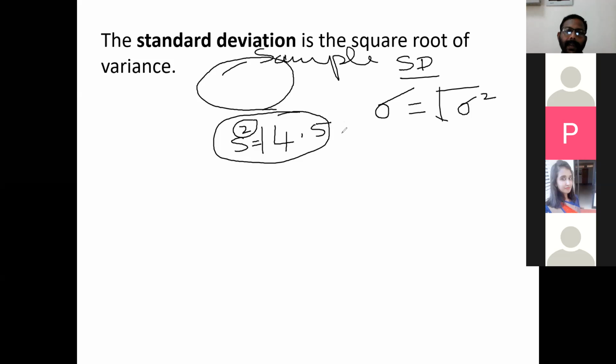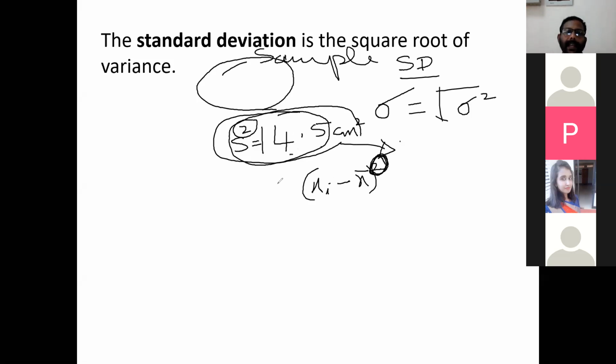So I can put centimeter square. So this is my unit. How can we explain this? Explaining this is a bit difficult. Why? The deviation, we have already squared out. So we cannot talk much about the deviation since we have squared it out.